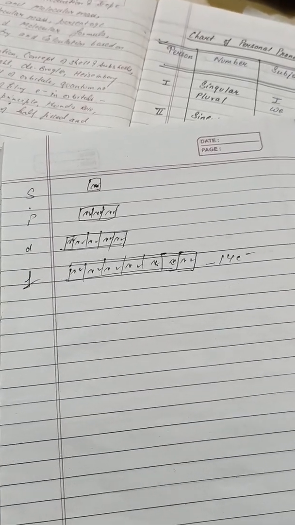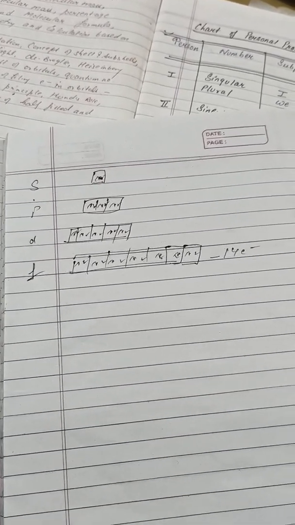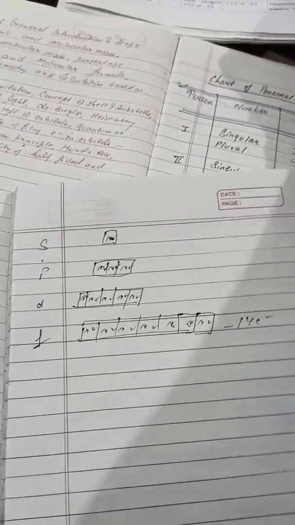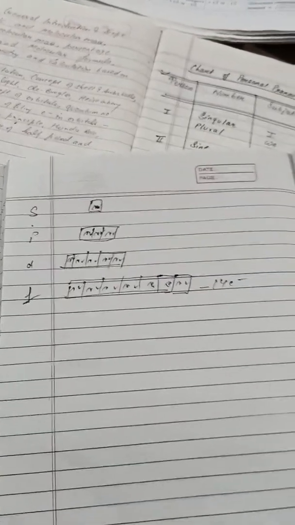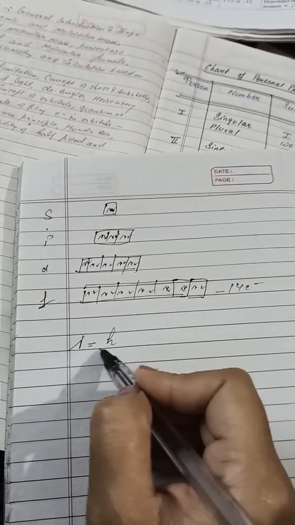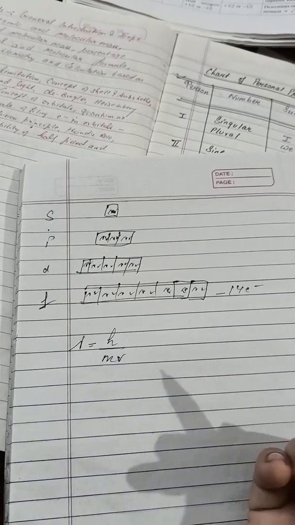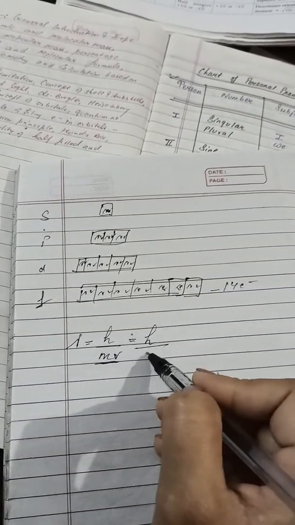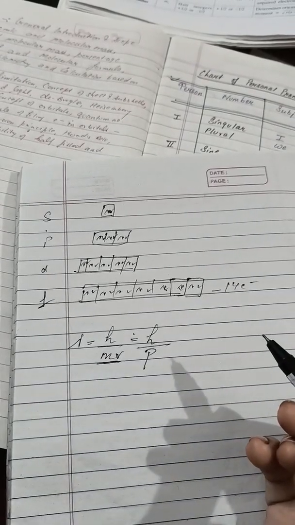Fine. De Broglie also I have told you. If you understood this thing, de Broglie I have told you. In de Broglie, the formula is lambda equals h over mv. And this mv we write as momentum p.